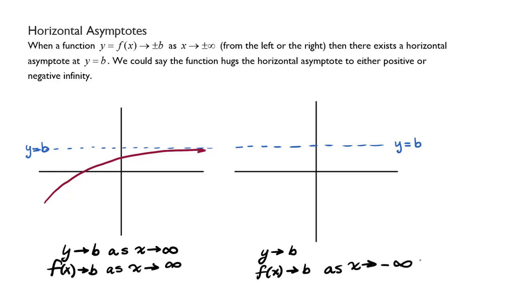Now notice that in this scenario, we are moving to the left, not the right. And sometimes you will cross your horizontal asymptote before you approach it. So it would look something like that.